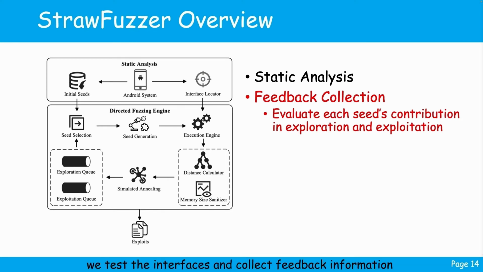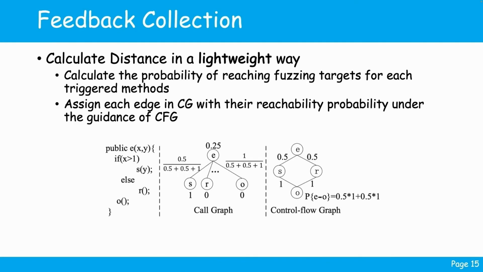Next, we test the interfaces and collect feedback information to evaluate each seed's quality in a lightweight way. In this phase, we focused on the seed's contribution in both exploration and exploitation. For exploration, we evaluate the seed based on the distance of the execution trace to the target data storing instruction. Specifically, we calculate the probability of reaching fuzzing targets for each triggered method.